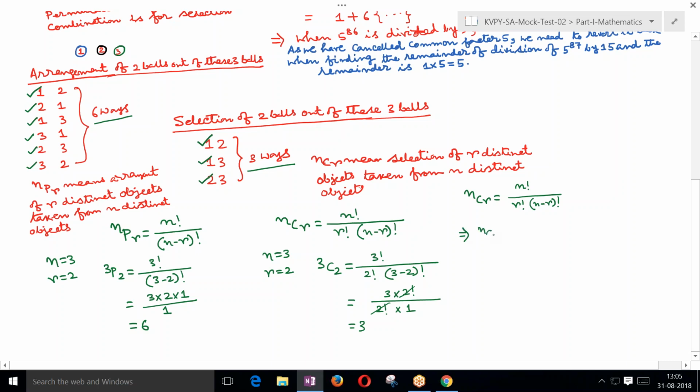We can write NCR is equal to 1 by r factorial into n factorial divided by r factorial into n minus r factorial. So this implies NCR is equal to 1 by r factorial into NPR.